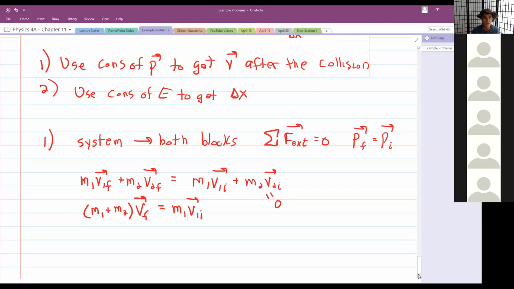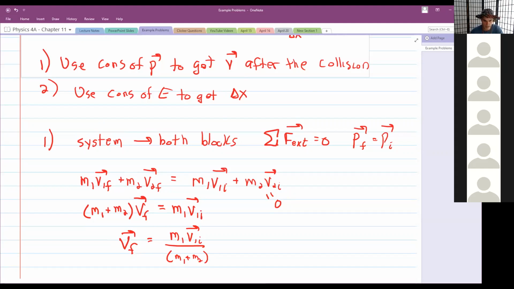So in this case, I want to know what is the final velocity after they collide. So I'm just solving for v final is going to be m1 v1 initial over m1 plus m2. So what do we have for the masses? We've got, okay, I have it right here.